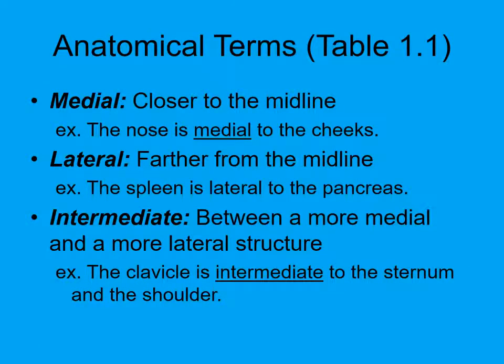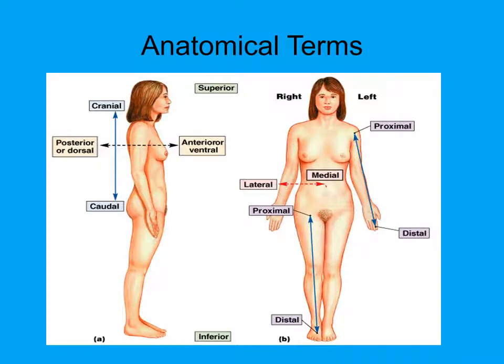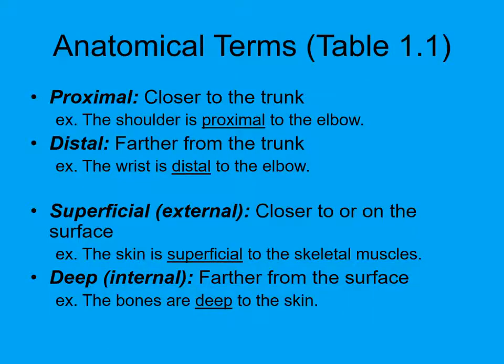And that's where these terms, once again, are defined here, as we just saw in the previous picture. Medial, closer to that midline. Lateral is further away. Intermediate is, as the name implies, in the middle between those. So once again, the picture shown here. And just keep in mind, one thing people will confuse with proximal and distal is they tend to try to use that on the torso, but only use it on the arms or the legs.